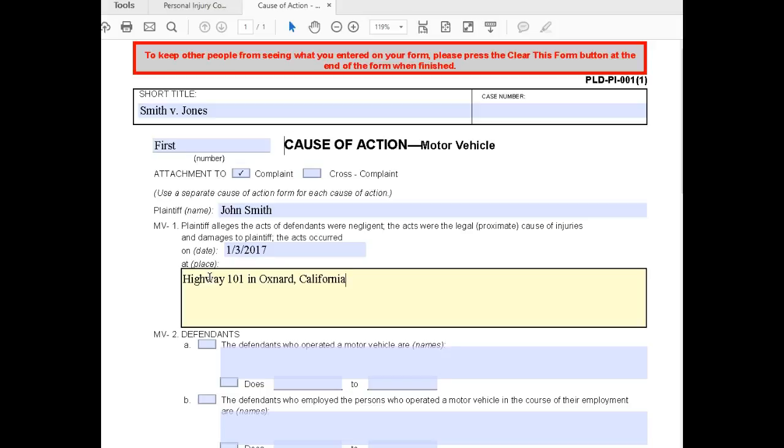And then what you do is you state what happened. Plaintiff was proceeding, let's see, northbound. And defendant began to merge with Highway 101 in front of, or next to, plaintiff's vehicle.